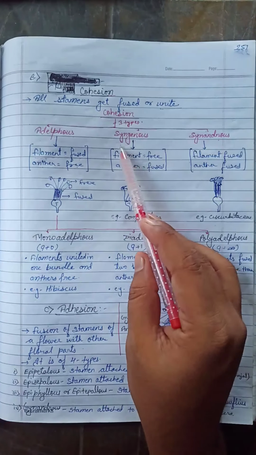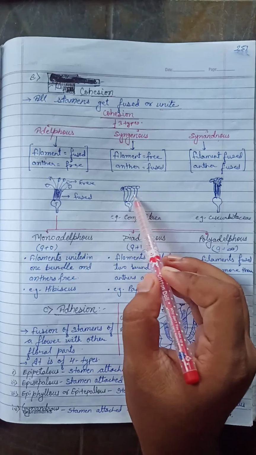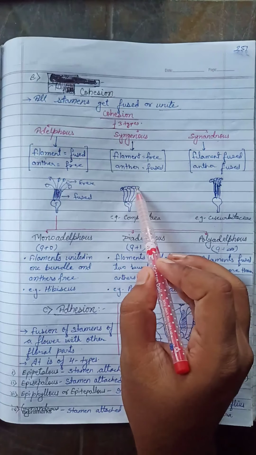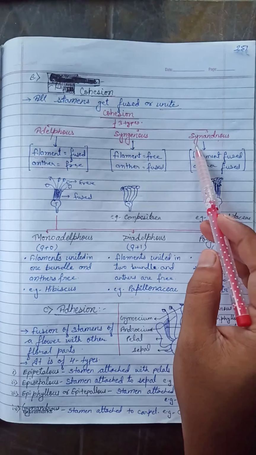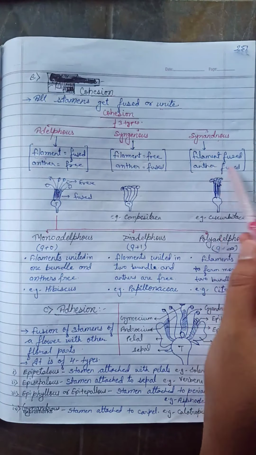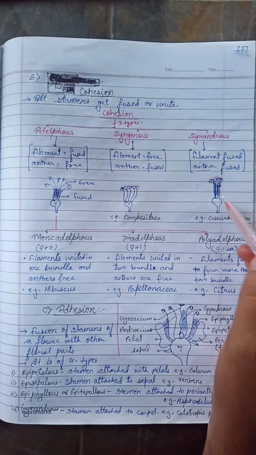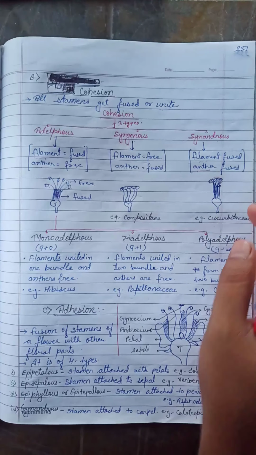And syngenous means filaments free. Look here, filaments are free while anthers are fused. That is called syngenous. While synandrous, filament and anther both are fused. Is it clear?